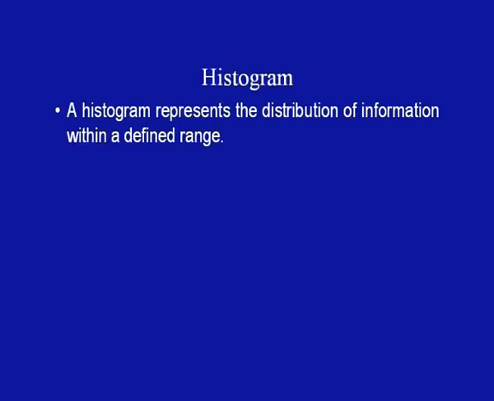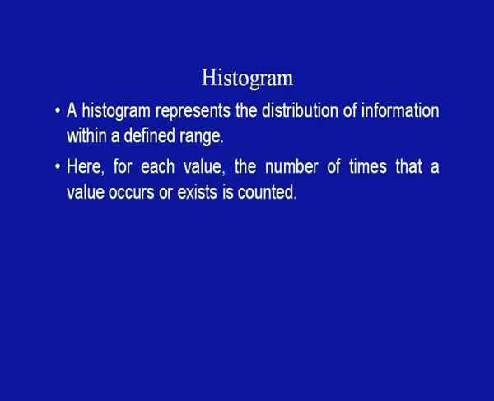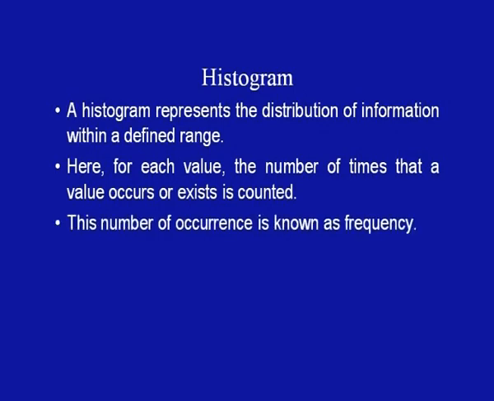First of all, let us look at what actually a histogram is. A histogram represents the distribution of information within a defined range. Here, for each value, the number of times that a value occurs or exists is counted. This number of occurrences is known as frequency.